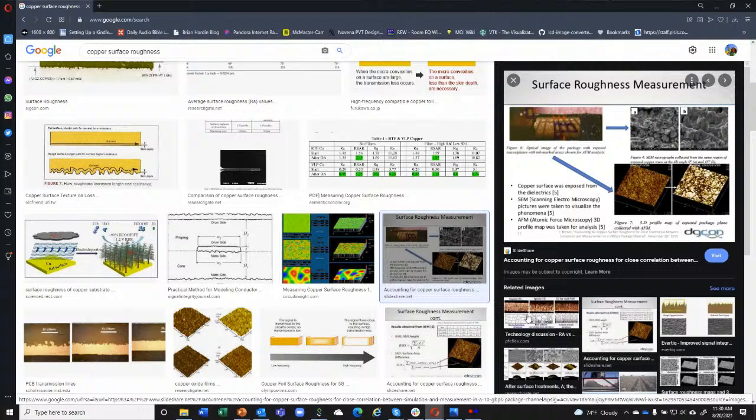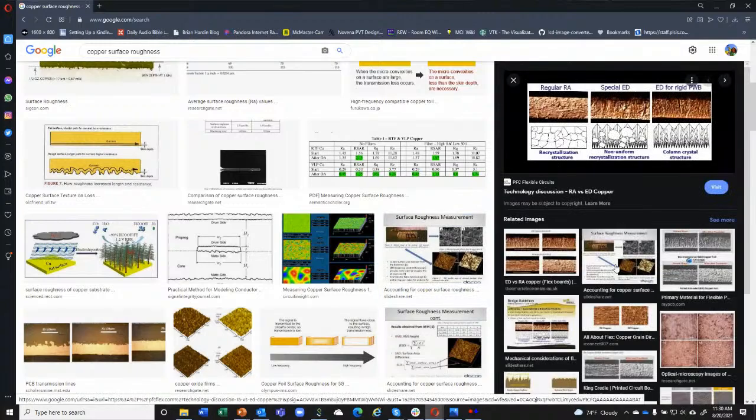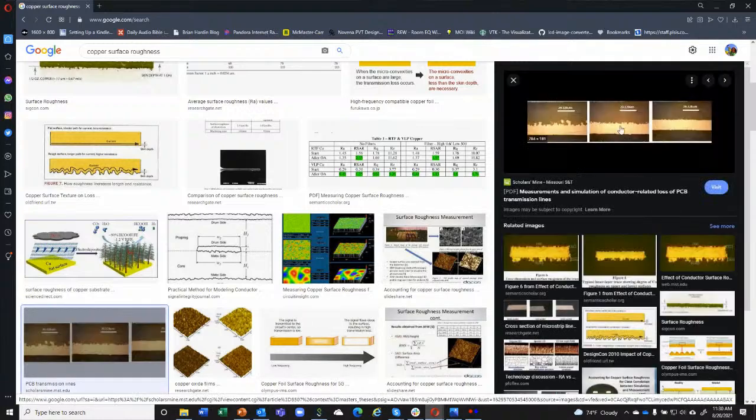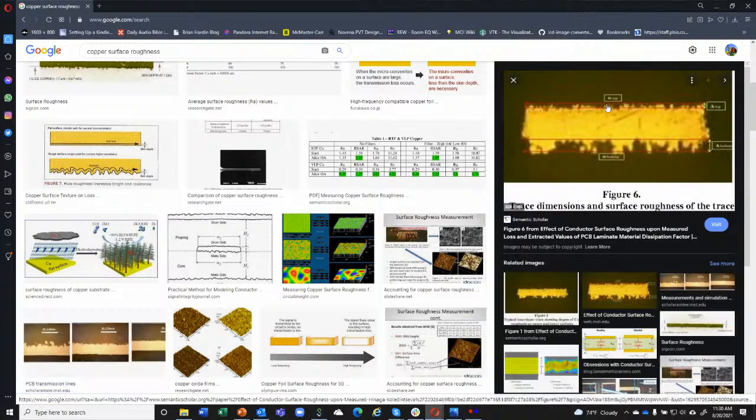You could do it in 3D, but it's more convenient in 2D to do it with a microsection like this. They use the microsection under a microscope and use the measurement tools on the microscope software to put peak and valley lines, and then they take the RMS of that, and that's what you get in a copper foil data sheet from a PCB materials manufacturer.